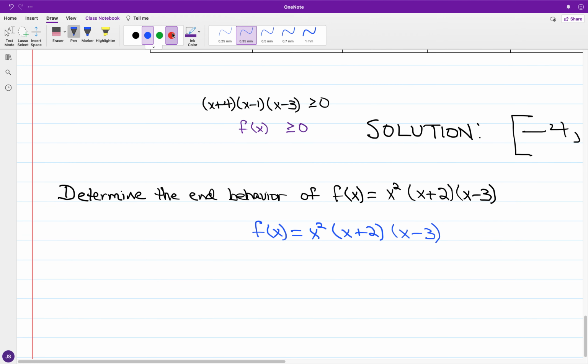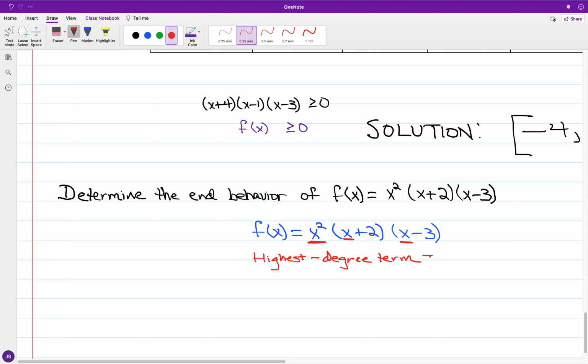There are two components here. One is looking at the coefficient of the highest degree term as well as the degree of the function, which will be in the highest degree term. Just looking at the highest degree term, we have x squared for the first part, and then from x plus 2 you take the higher order part, likewise from x minus 3 I have x.